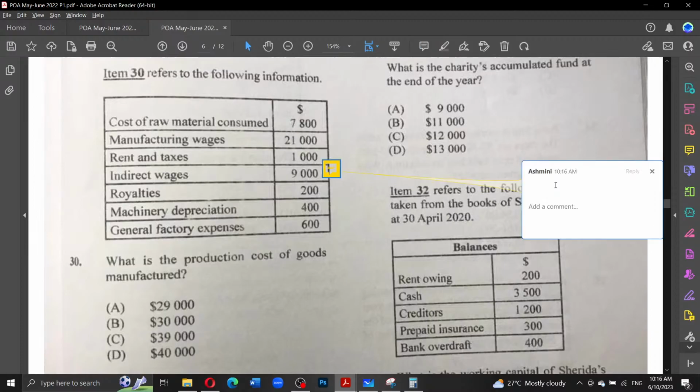So remember, to find the cost of goods, you have direct material plus direct labor plus any direct expenses. You usually do not find this, but in this question we have it. Plus any overhead. Well, this here is going to be prime cost, right? But anyway, plus overhead.